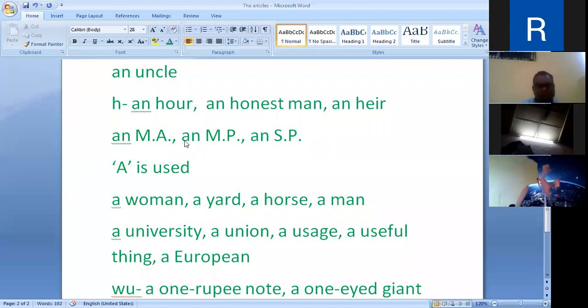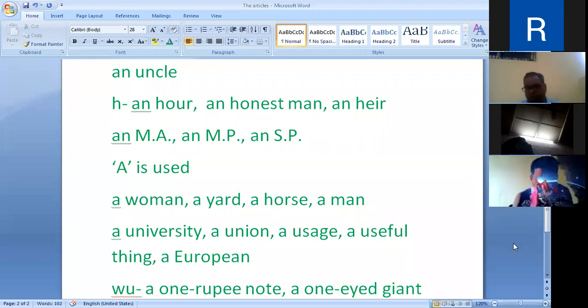It sounds like a vowel. And hour, its sound is like our, and that's why AN is used here. Though these words begin with H, their sounds are like a vowel, and that's why AN is used.